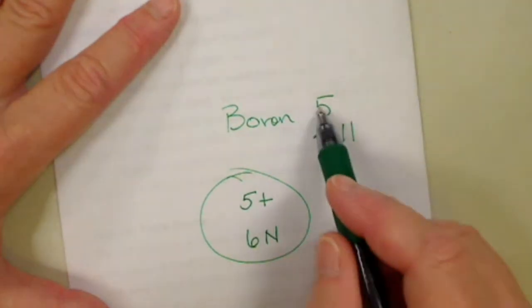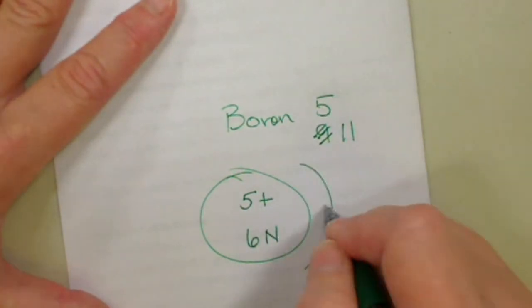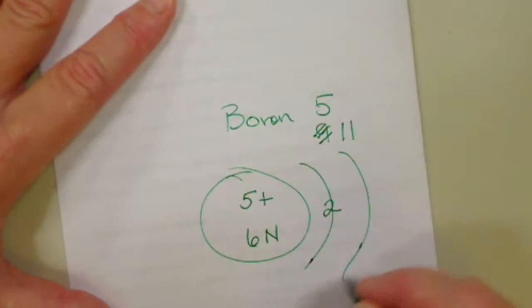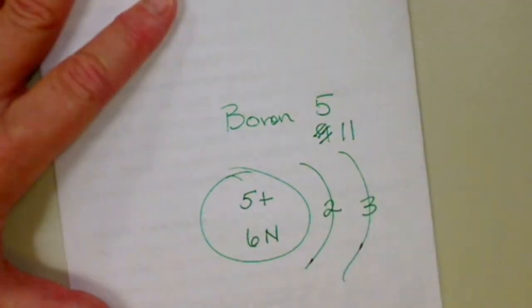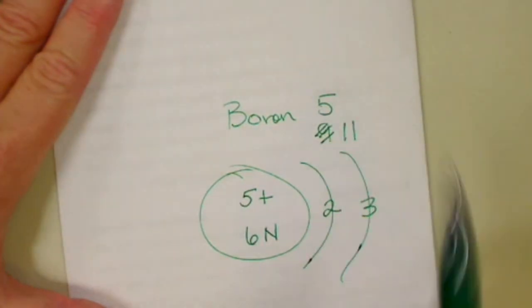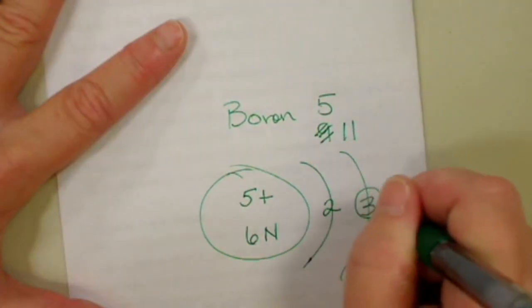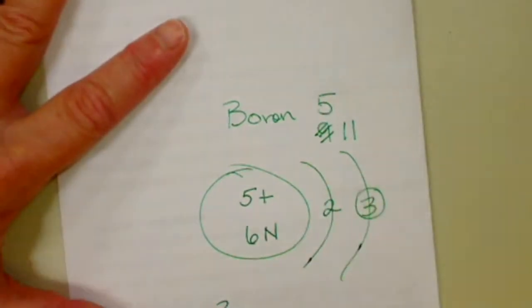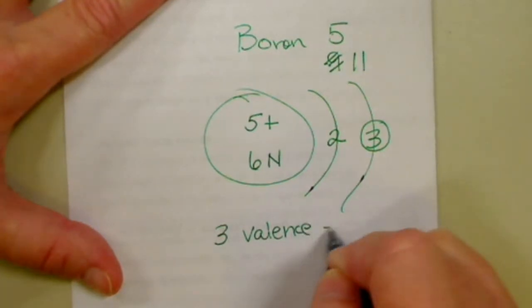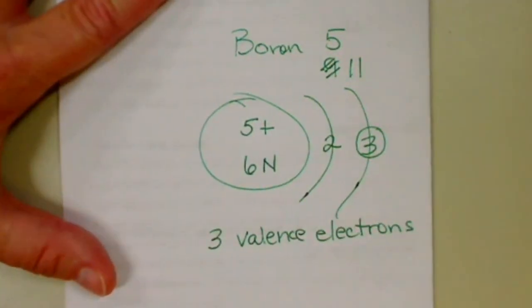And then our electron arrangement, because our protons and electrons are the same, would be 2 in the first level, because it maxes out with 2, and then the remaining 3 in the second level, for a total of 2 plus 3 is 5. This particular atom would have 3 valence electrons because it has 3 electrons in its outer energy level.